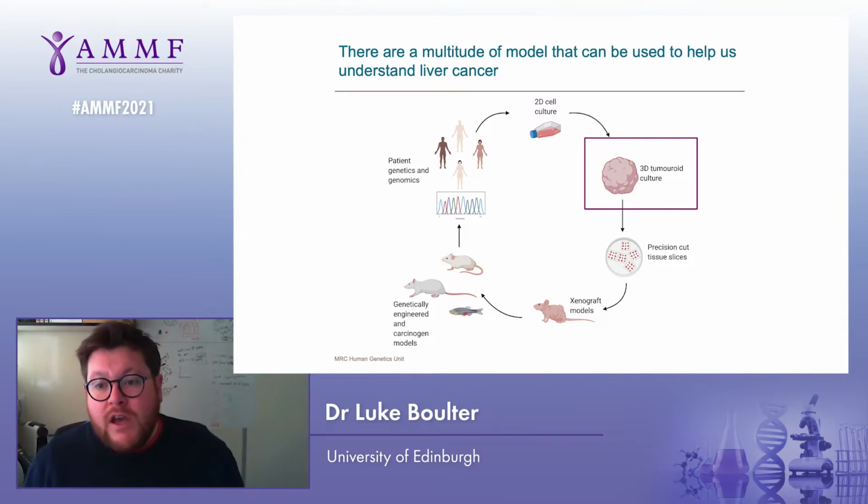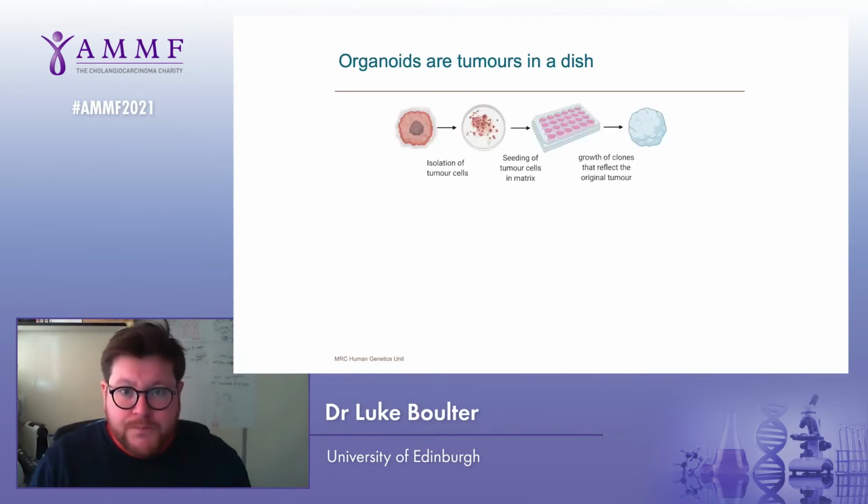I will start in the next few slides just talking about these tumoroid cultures that have really taken off over the last few years. You can imagine organoids as tumors in a dish. Cells are isolated from the primary tumor mass, dissociated into individual pieces, and then seeded into a matrix.